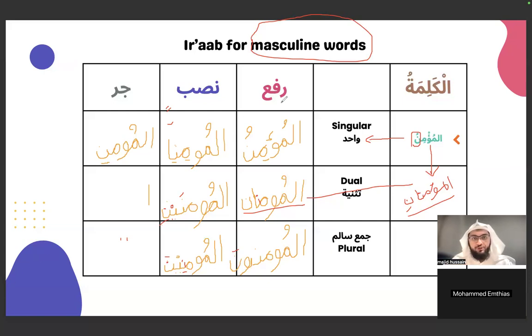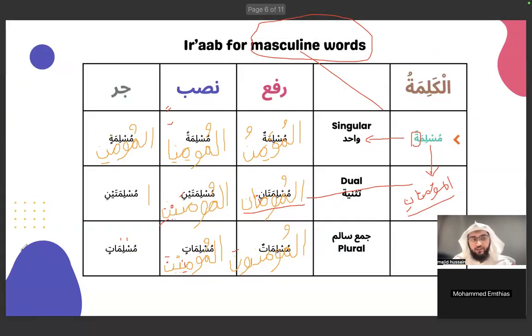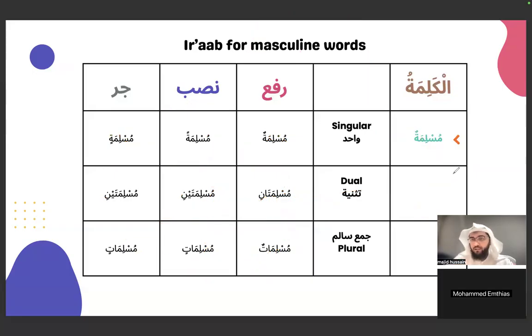Now we talked about all of this. This exercise was for the words that are masculine only. Now we talk about how the feminine words change. For example, I took the word muslimatun.